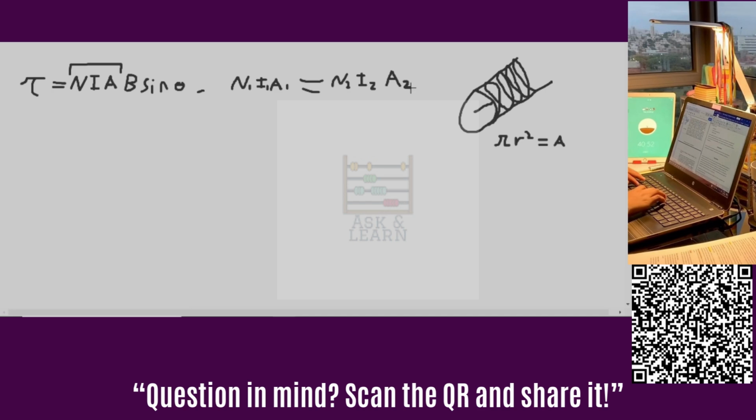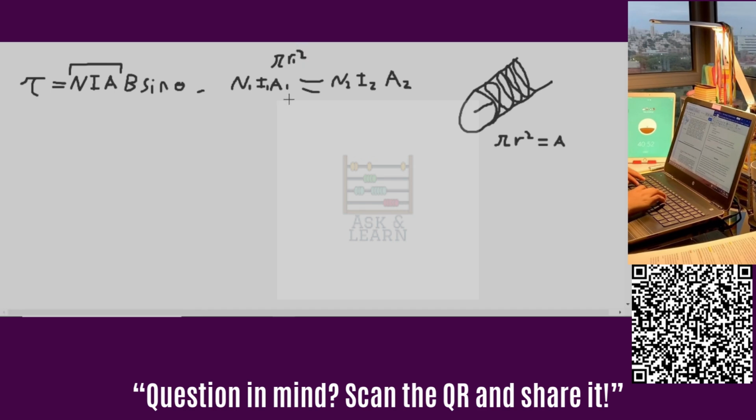So we're given everything we need here. We're given N1, I1, A1, or we're given the radius, so we can calculate that. And we're given N2, I2. And we need to find what the radius for the second wire is. So we just have to divide our A's up into pi r1 squared.